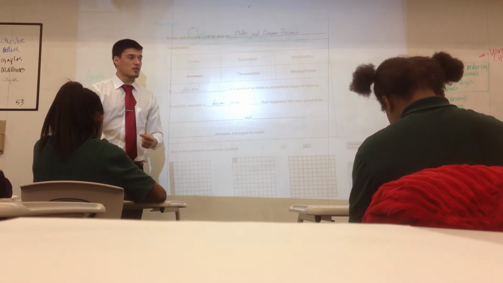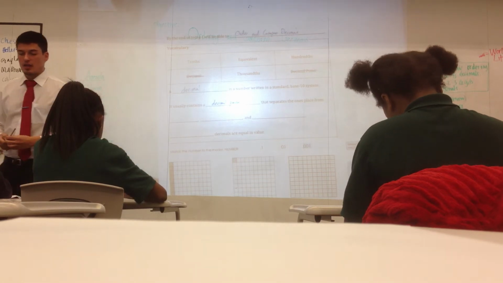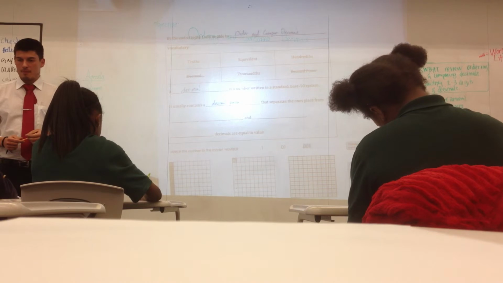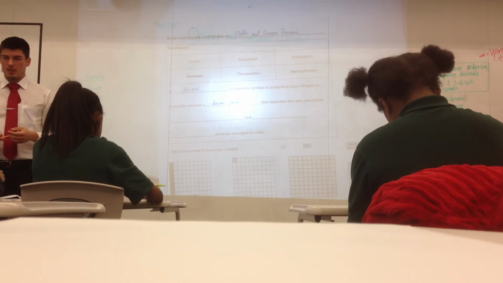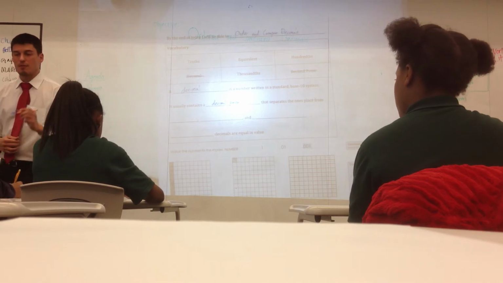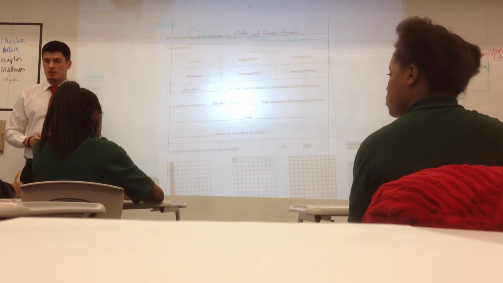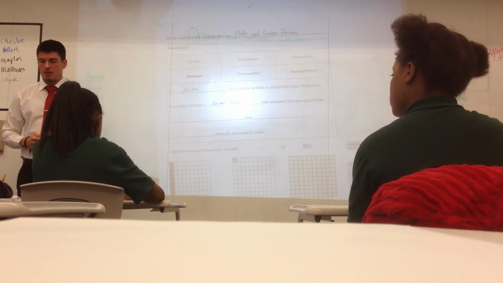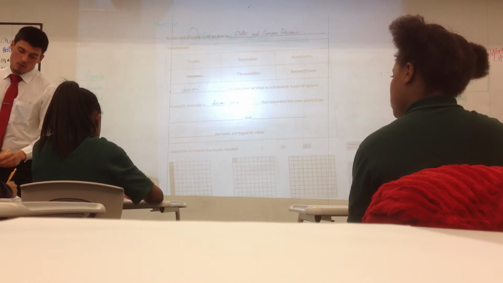Now Raven already gave us one of them. What is one of the decimal point place values, Kayla? Right, so we already used decimal and decimal point. What are some decimal place values? Not that one.